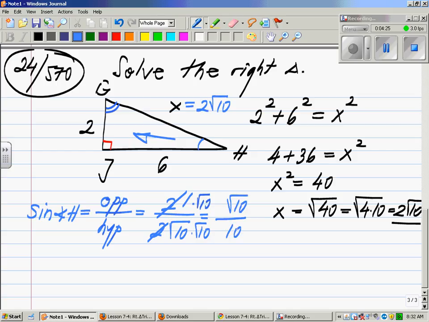Now, in order for us to find the measure of angle H, we have to use the inverse of our sine function. The inverse of sine, right? It's written sine to the negative 1. And how do you find that?